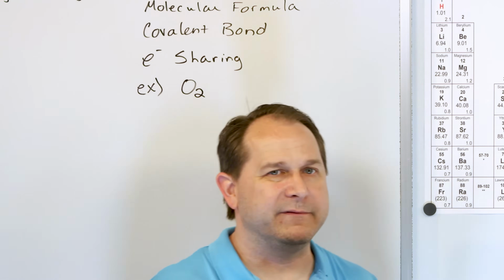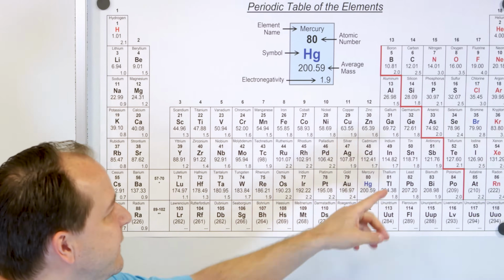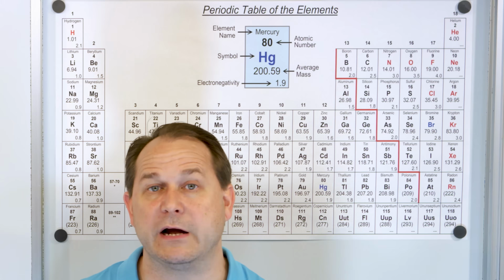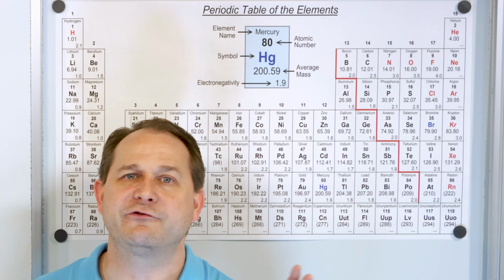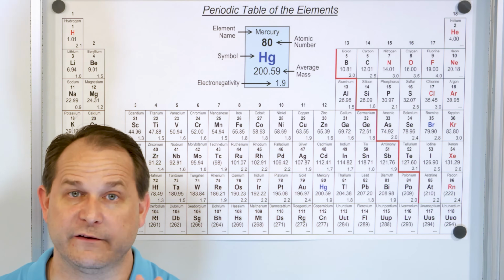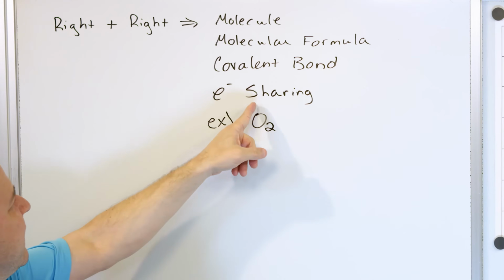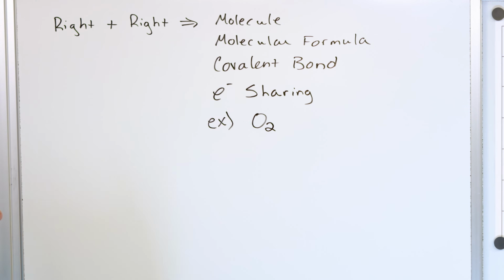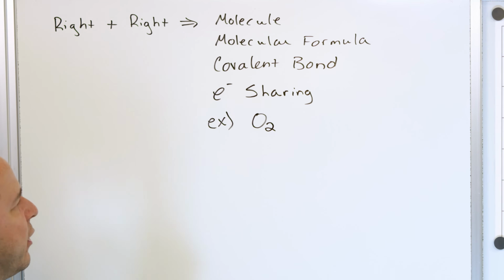We're going to talk about the details of how that bonding happens, but you know it's a covalent bond because these are two atoms from the right-hand side of the periodic table, two oxygens bonding together. And you also know, because I'm teaching you this now, what type of electron business is happening. Are the electrons being transferred somehow, or are they being shared? Well, we're saying right now that electron sharing is happening. So these two oxygen atoms are going to have a force of attraction between them, and they're going to stick together. We call that a covalent bond, and the electrons are being shared.